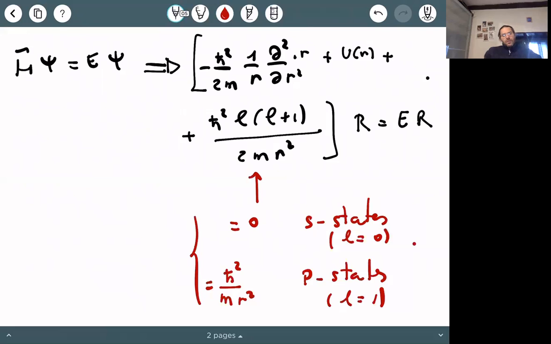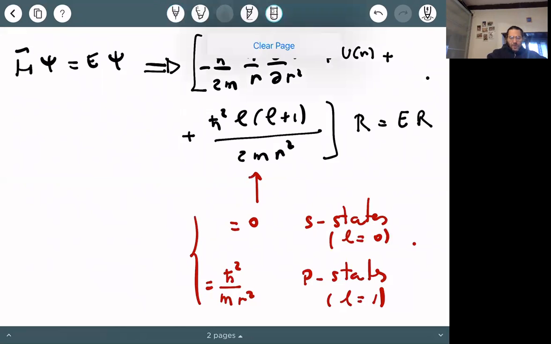And depending on whether you're looking at the wave function for S states or P states, you have a different Schrödinger equation. And if you can solve this Schrödinger equation, of course, you get quantization levels for each of these. So you will get different S states as well as different P states and different D states and so forth.